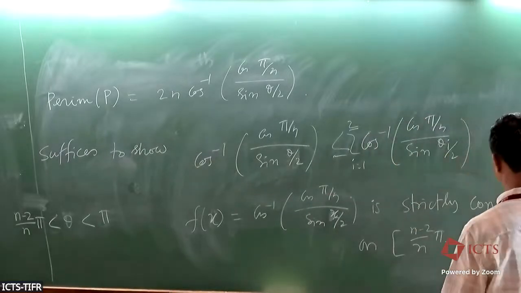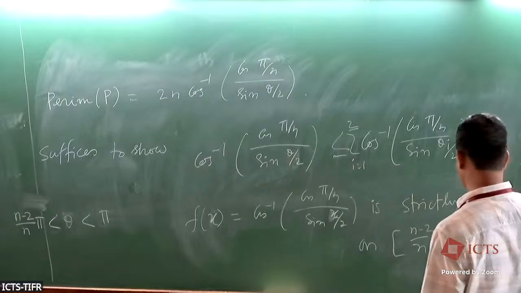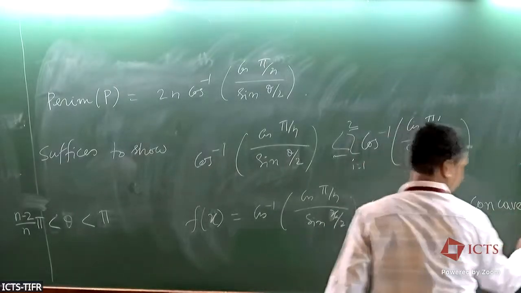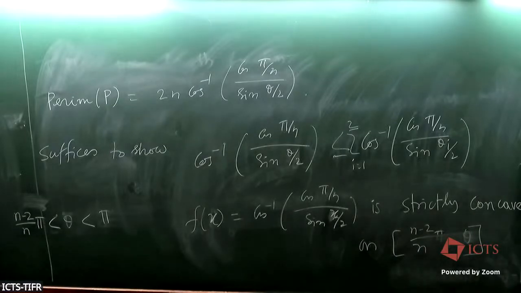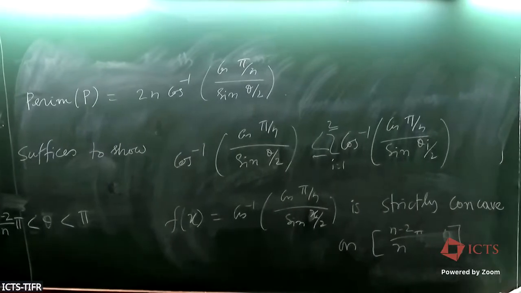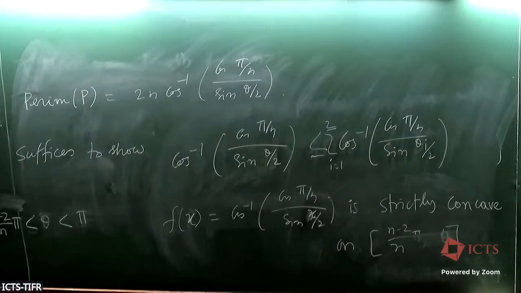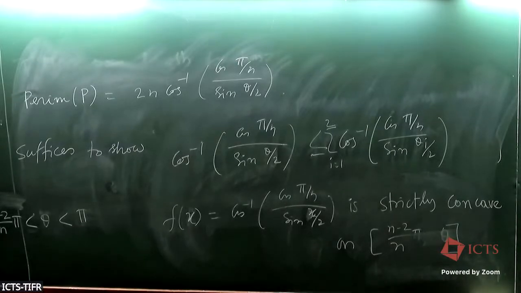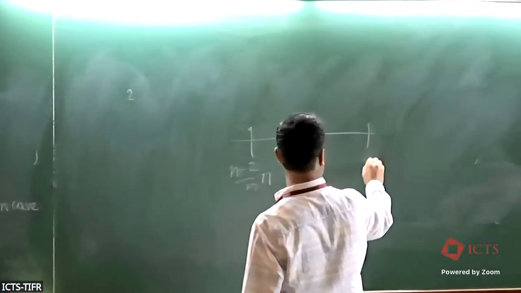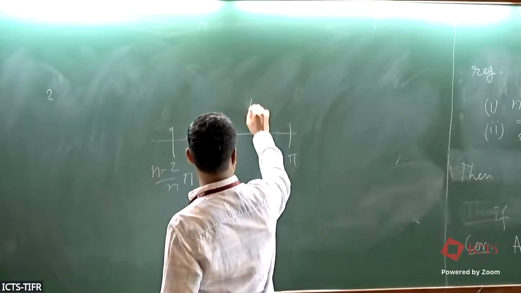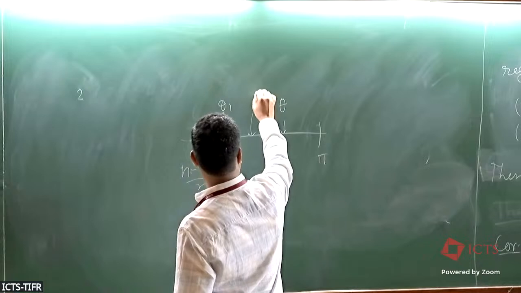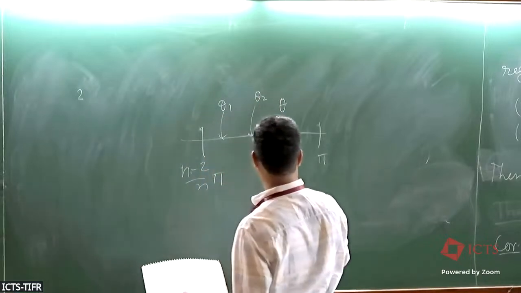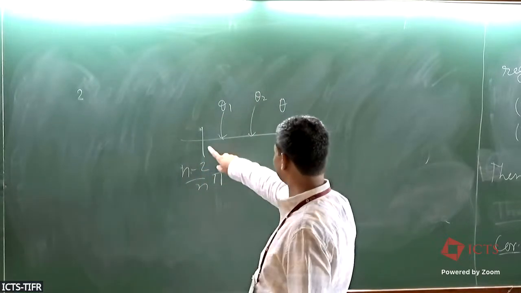So this is strictly concave. Here is the interval from n minus 2 over n pi to pi, and here you have theta, and then we have theta 1 and theta 2 in the interval.